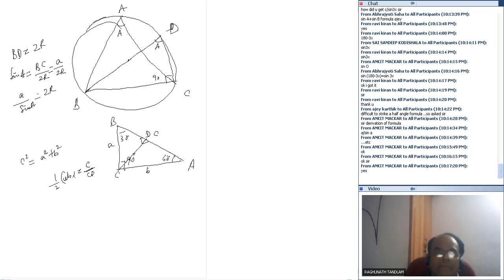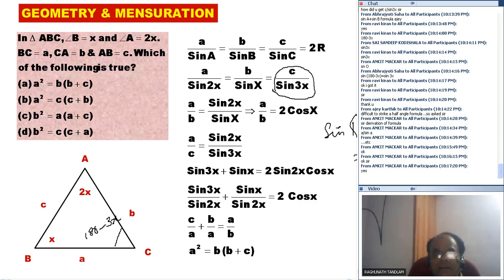I'll get CD in this case. CD is nothing but AB by C. I can square this and get the square, but that takes time. You can always do it like this, 30, 60, 90 and do that question.